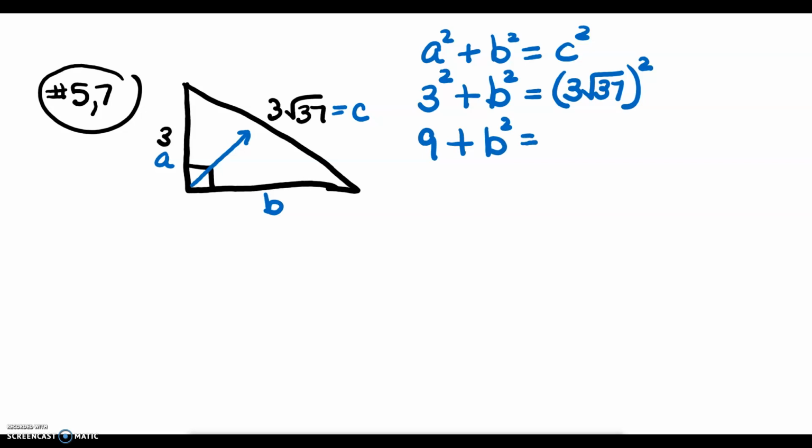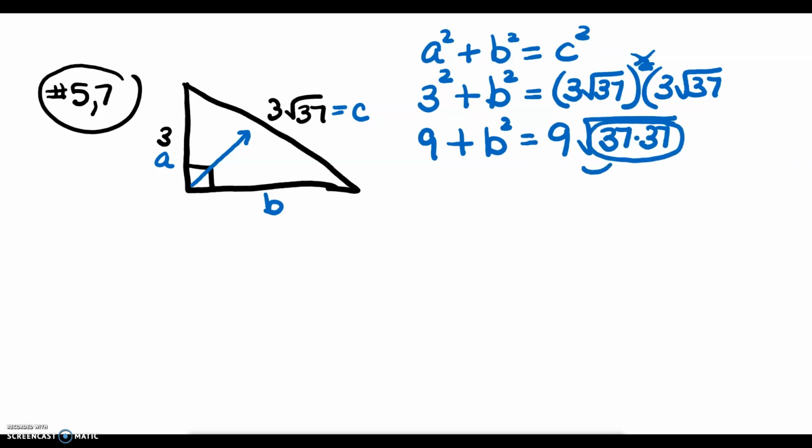And now when I square this, I am going to write it twice. And remember, I have to multiply the numbers on the outside, so I get 9. And I'm going to multiply the numbers under the radicals, but I'm not actually going to multiply them. I'm going to write them like this. And this produces a group of 2 37s. And now I can pull one of them out.